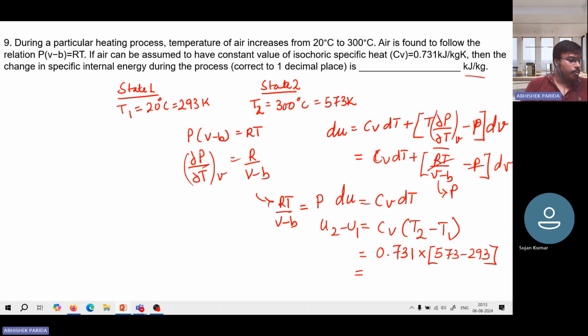I am getting 204.68 kilojoule per kg. That is what it is asking.